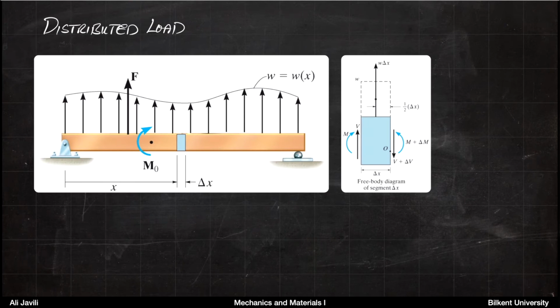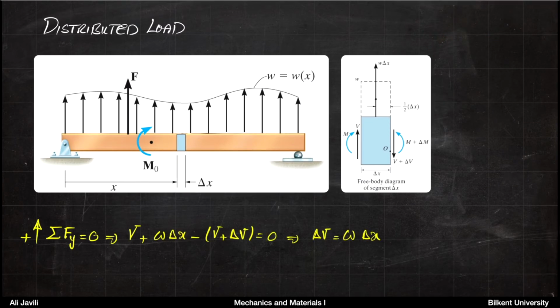Now what you want to do is exactly what we did before. We treat this picture as a free body diagram and we write equilibrium equations on that. So equilibrium of forces first. That would be the balance of forces in the y direction in this case, assuming that upward is positive. So V is upward, V plus delta V is downwards.